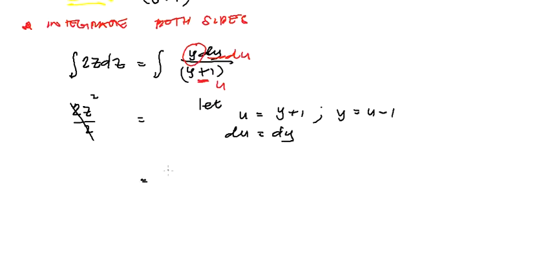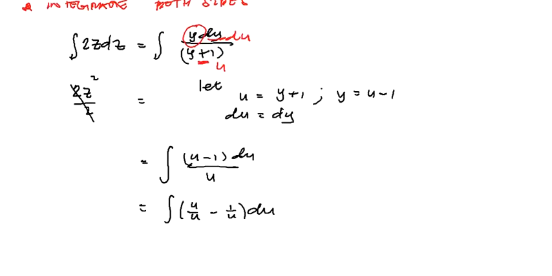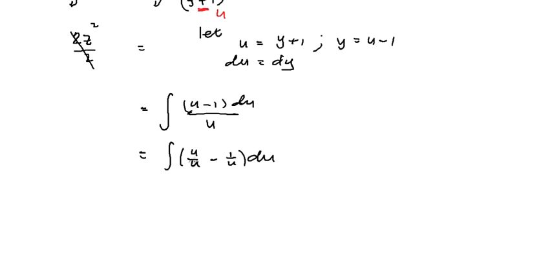And by doing the algebraic substitution, we have the value of y is u minus 1, and then our dy is just du, where y plus 1 is equal to u. So simplifying it further, we have the integral of (u minus 1) over u du. And as you can see here, we can now easily integrate both terms.